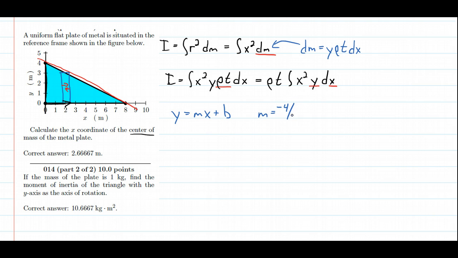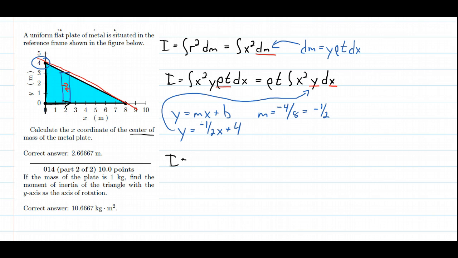So it's -4/8, or -1/2. And then our b is our y-intercept, which we can clearly see is 4. So this expression becomes -1/2 x plus 4. Let's go ahead and plug that in for our y.